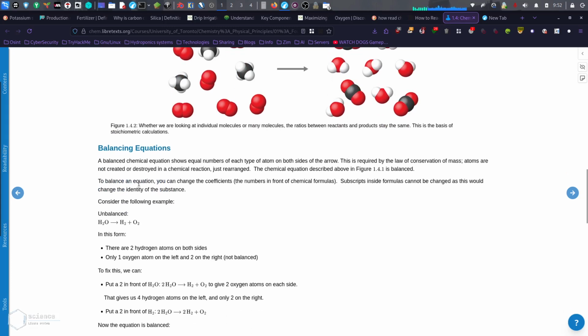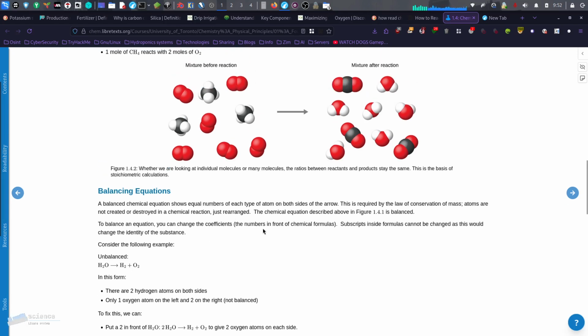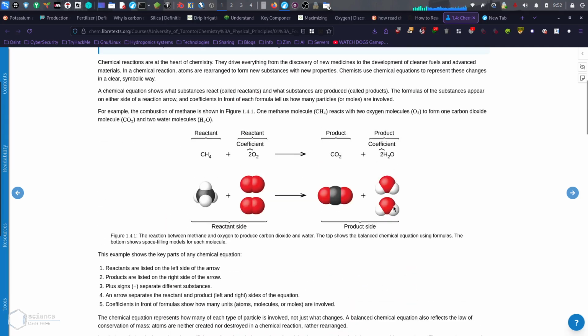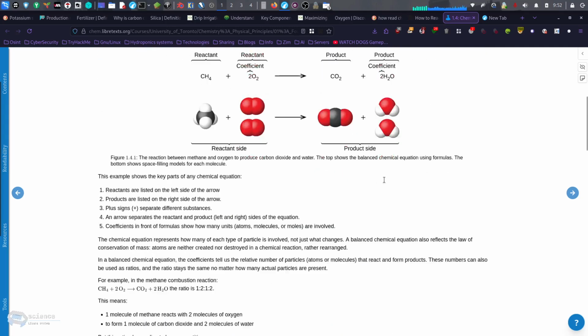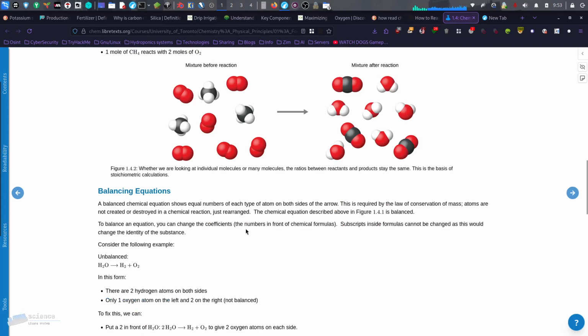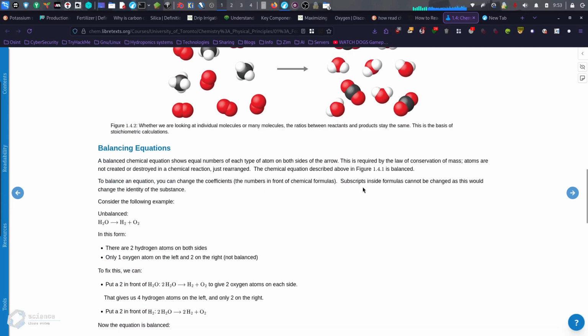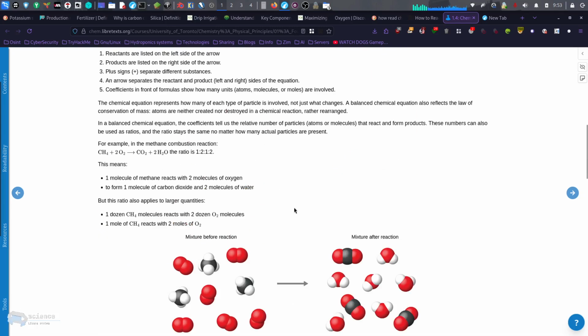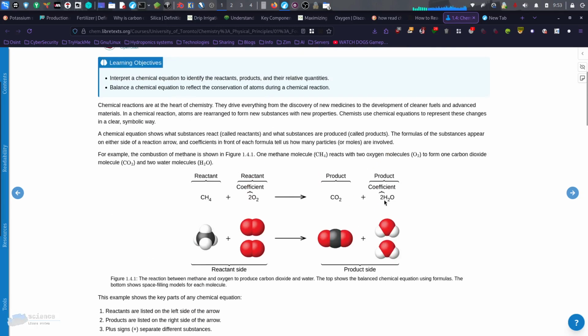Okay, to balance an equation, you can change the coefficients, the numbers in front of chemical formulas, the numbers of molecules. Two molecules, one carbon dioxide. Subscripts inside formulas cannot be changed. Subscripts means this subscript, the 2 atoms of hydrogen.